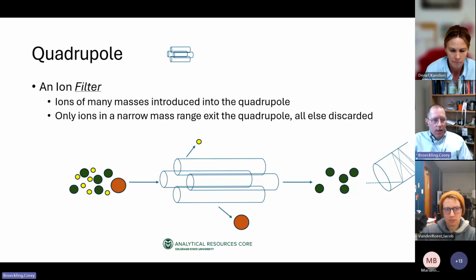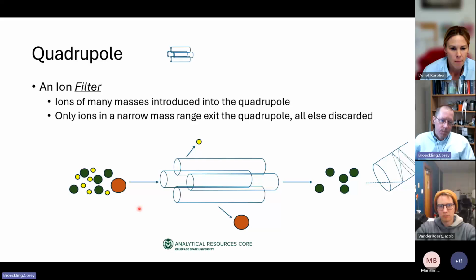So let's first start talking about the quadrupole. The quadrupole is a mass analyzer which operates as an ion filter. And if you look at the large cartoon down here at the bottom, if we have a population of ions that go into a quadrupole, normally what we're trying to do with the quadrupole is to isolate one mass from all of the others.